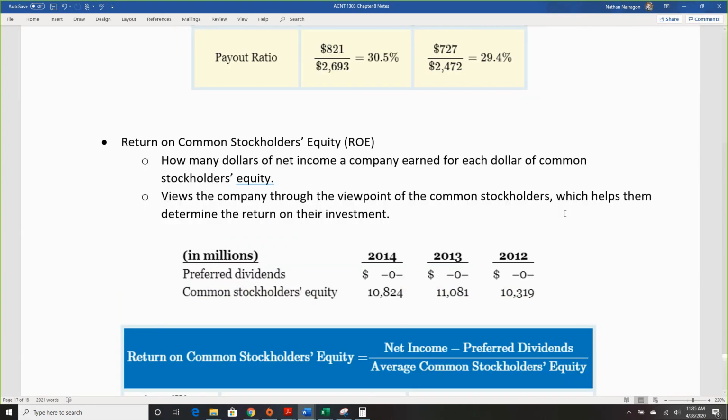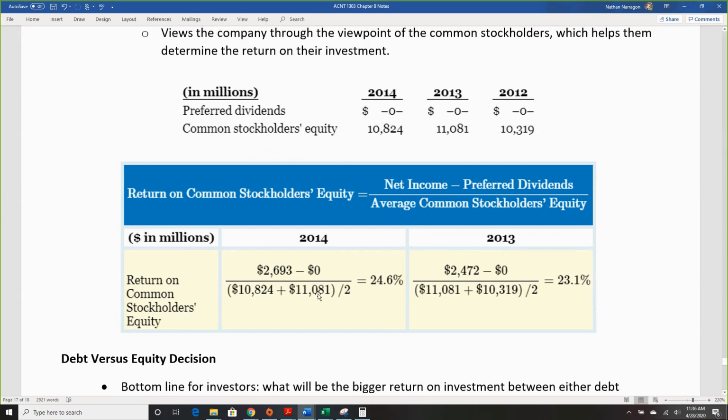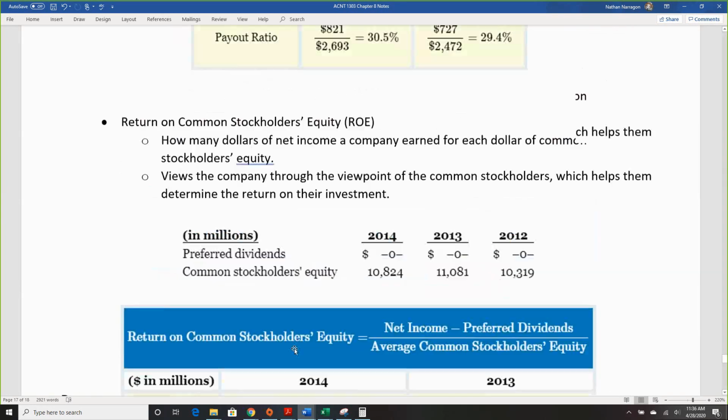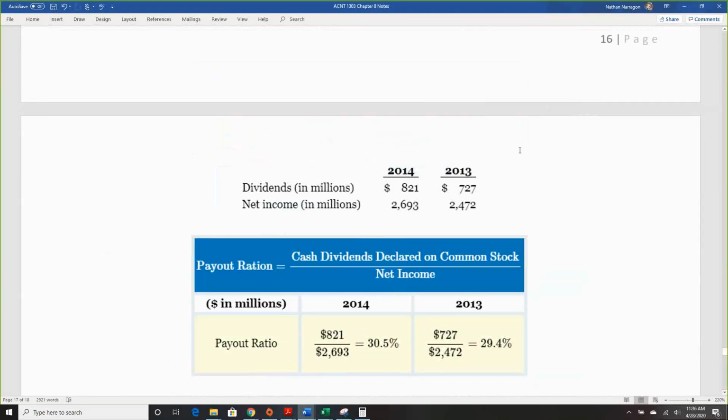So, for example, as you see the formula down here, 2014, and their net income, which again is this information up here since they're using the same company.